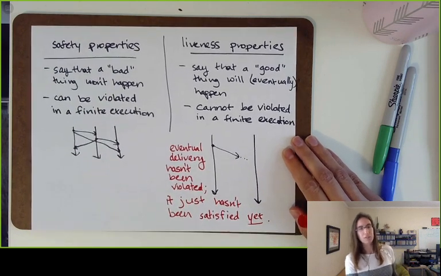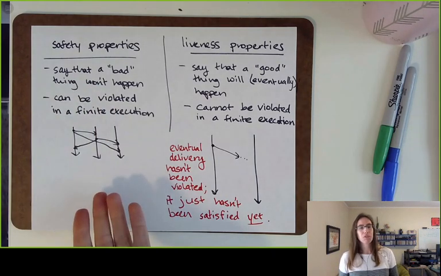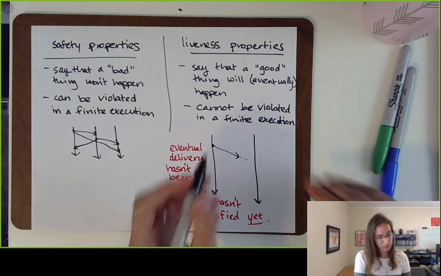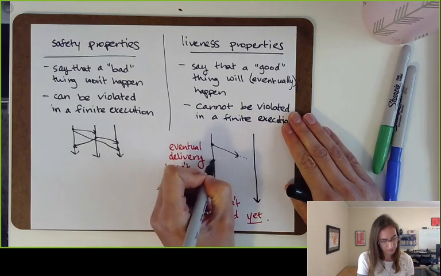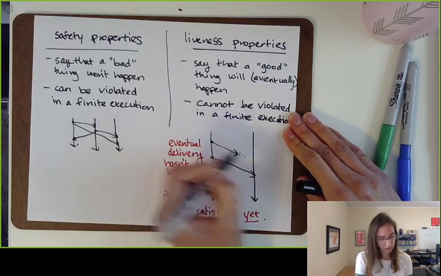Liveness properties are actually tricky to reason about because safety properties are more straightforward. You can look at an execution and say, this execution observes the safety property, or violates it. A liveness property is different. You can look at an execution and maybe all the messages haven't been delivered yet. Or maybe the message arrived, but it's queued, stuck in the delay queue.